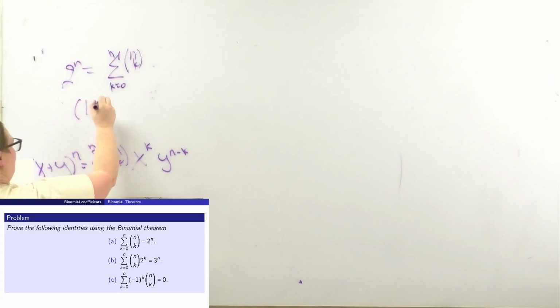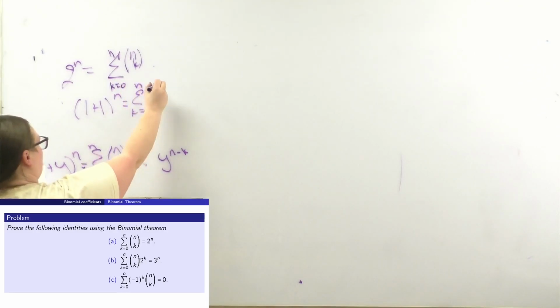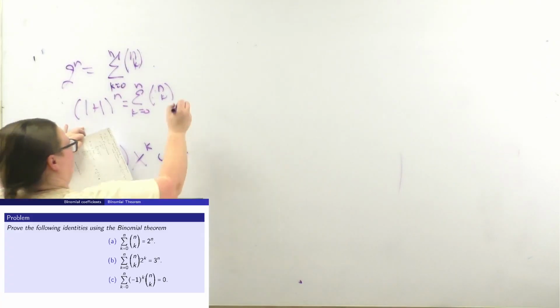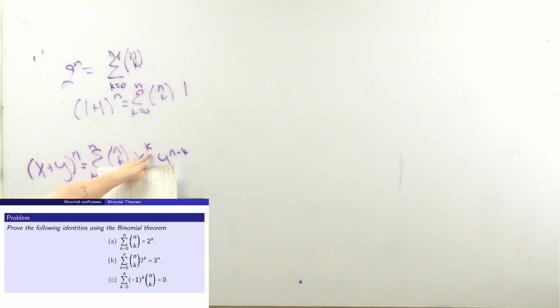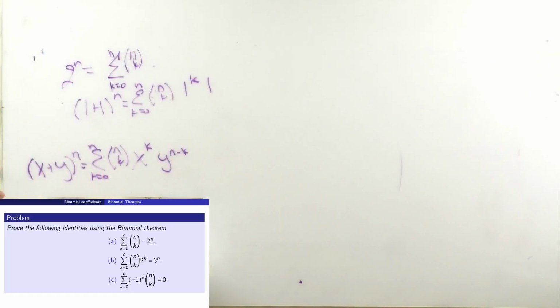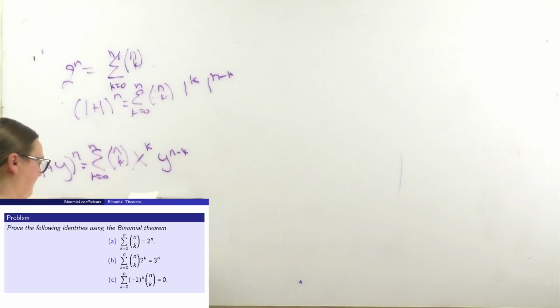1 plus 1 to the n equals the sum from k equals 0 to n of n choose k. All right, what's my x? To the power of, what's my y? To the power of, awesome. Okay, and what does this equal?